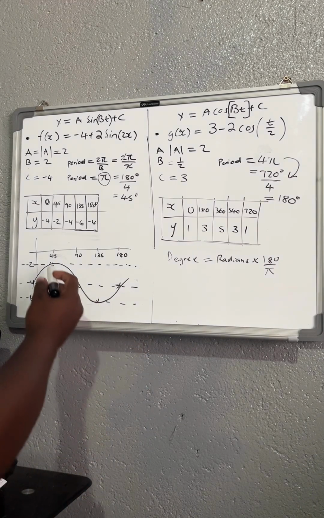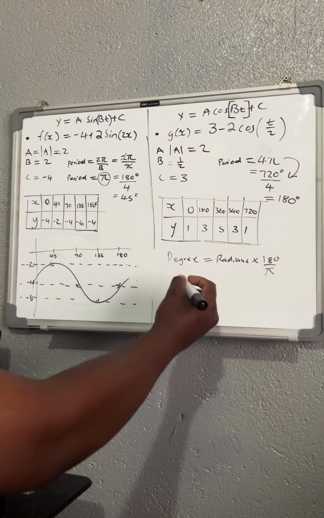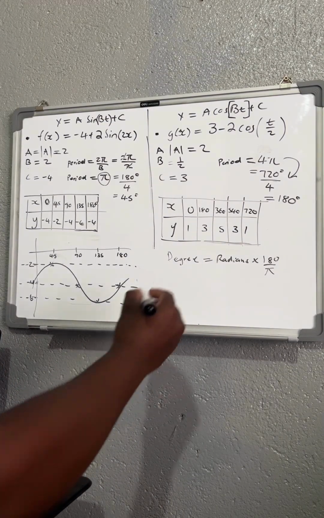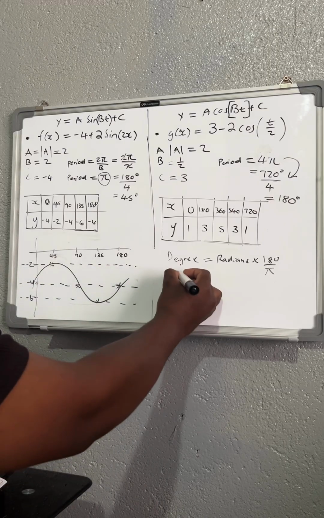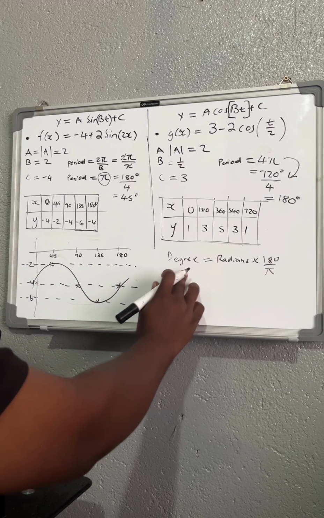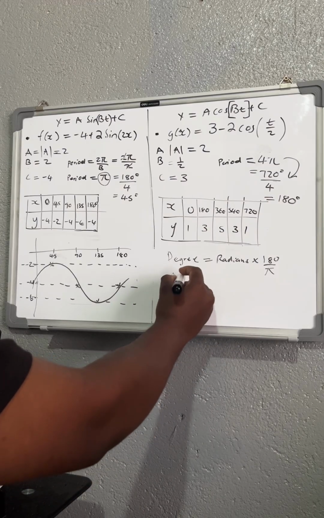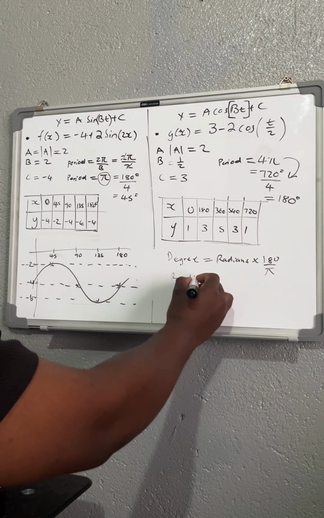So you're going to say here you have your 45. Basically you're working them backwards. Before we do this, we can just make radians the subject of the formula.